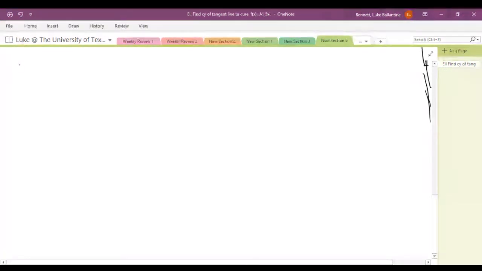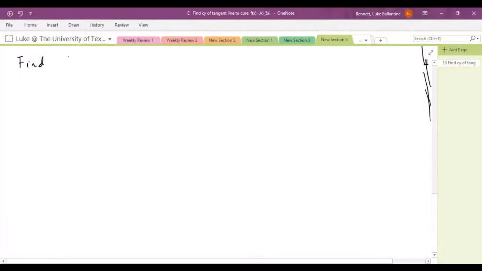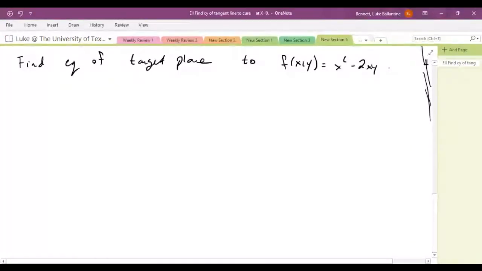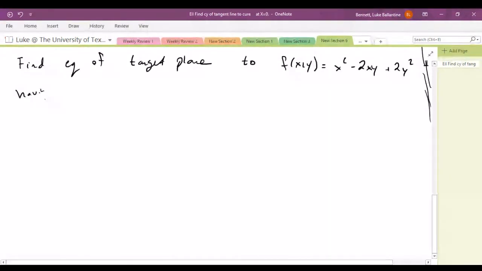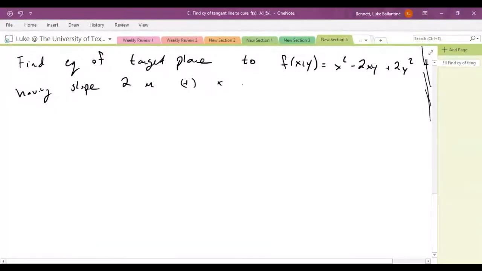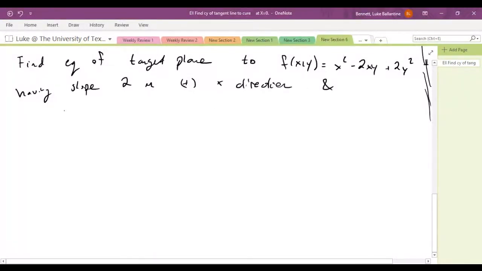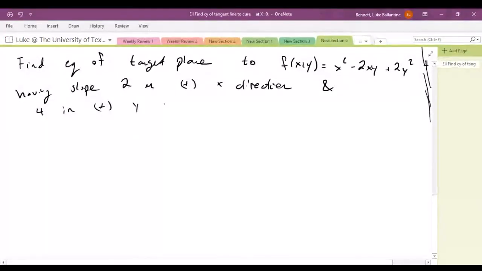Who would have thought? Okay, so find the equation of the tangent plane to f of x, y equals x squared minus 2xy plus 2y squared, having slope 2 in the positive x direction and having slope 4 in the positive y direction.